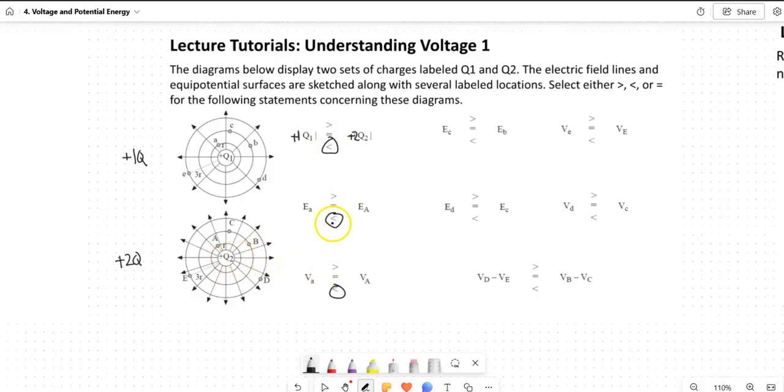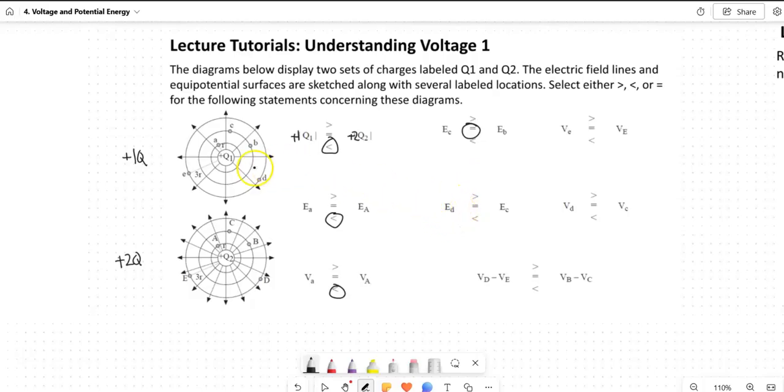So anyways, here's what you get. Now, just looking at one charge, if we look at the electric field going through this line versus something like that, these two have the same electric field since they're the same distance apart, so those are equal.